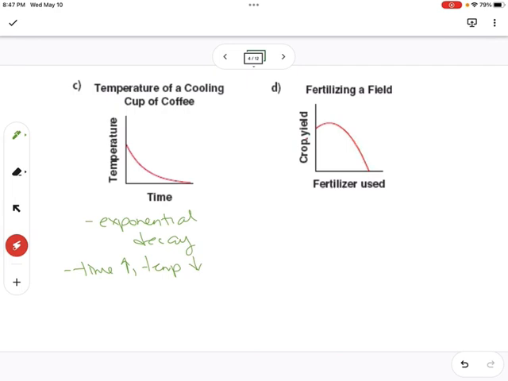Okay, so because it has an increase and a decrease there, this one is quadratic. So it's increasing until we get to the vertex, and then it decreases.